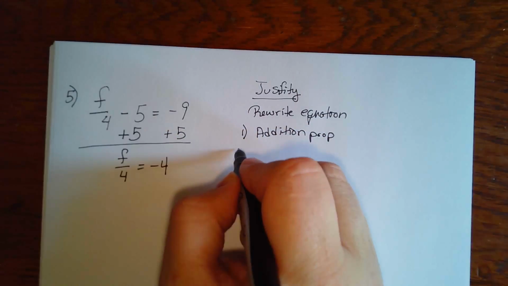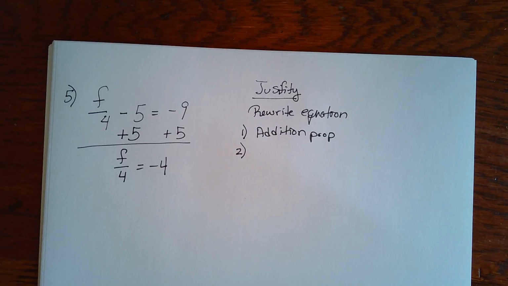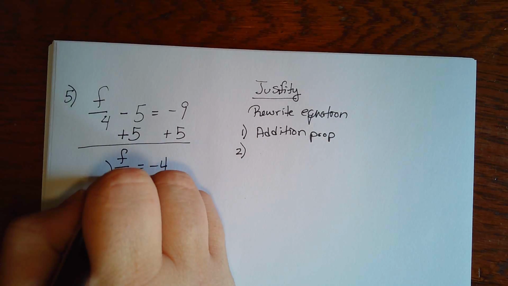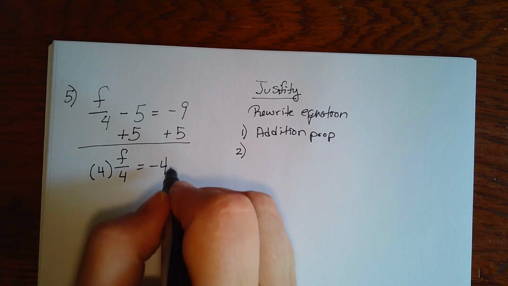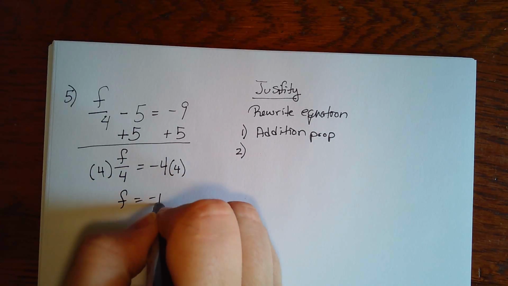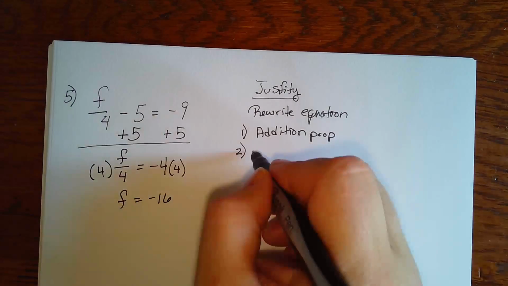Step 2 is going to be using, in this case, multiplication. We know it's going to be multiplication because we have f over 4, which indicates division. The opposite of division, of course, is multiplication. So f is going to equal -16. So we will use multiplication.